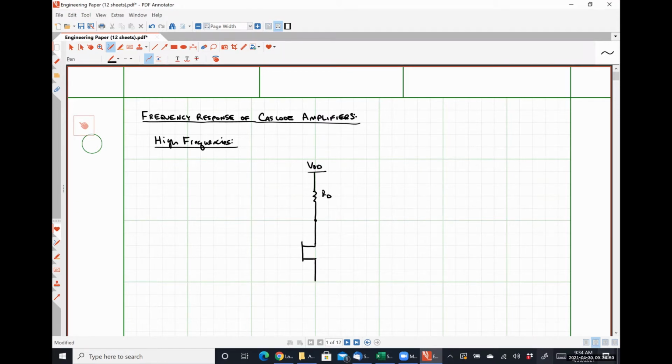Here we're going to have some capacitance CGD2, meaning that this is transistor M2. Here we are going to have a capacitance CGS2. I'm going to apply a DC bias voltage, V bias, to the gate of transistor M2.